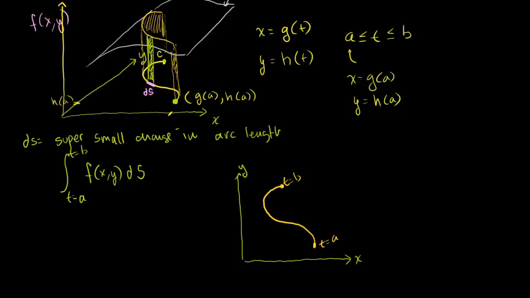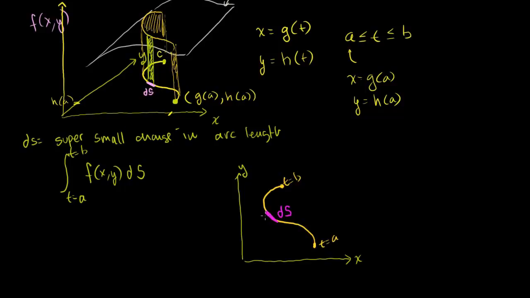And we say that we have some change in arc length. Let's say that this one right here is some small change in arc length, and we're calling that ds. Now, is there some way to relate ds to infinitely small changes in x or y? Well, if we think about it, and this is all a little bit hand wavy, I'm not being mathematically rigorous, but I think it'll give you the correct intuition.